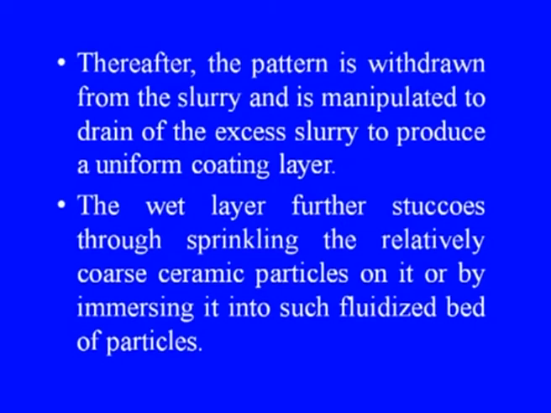The wet layer is further stuccoed by sprinkling relatively coarse ceramic particles on it or by immersing it into a fluidized bed of such particles. The ceramic coating is built by successive dipping and stuccoing. This procedure is repeated till the desired shell thickness is obtained.